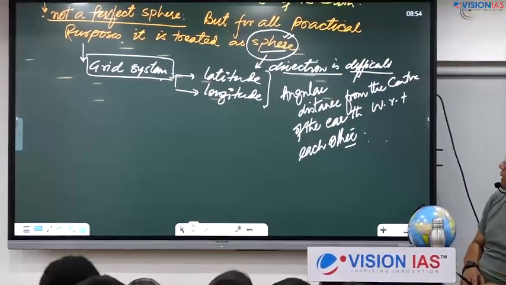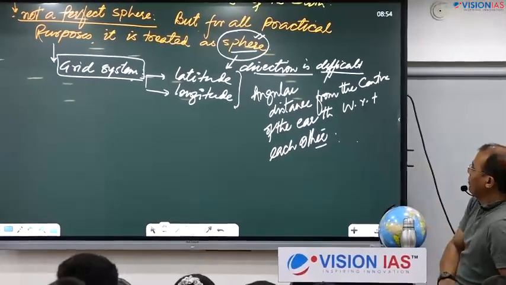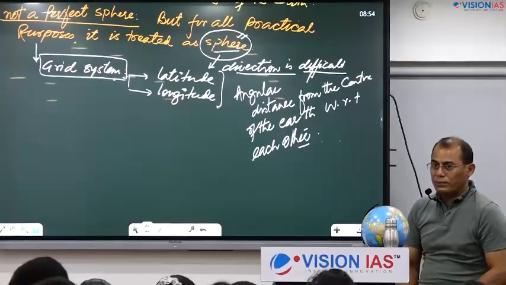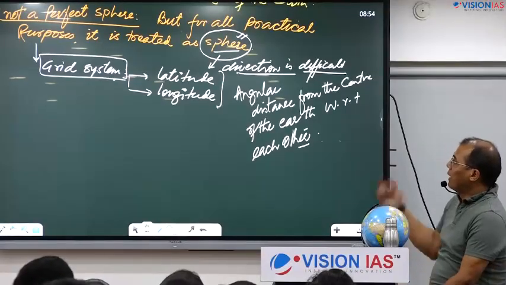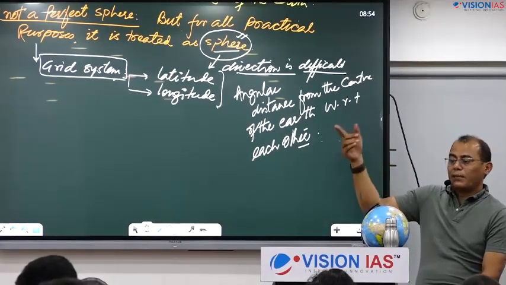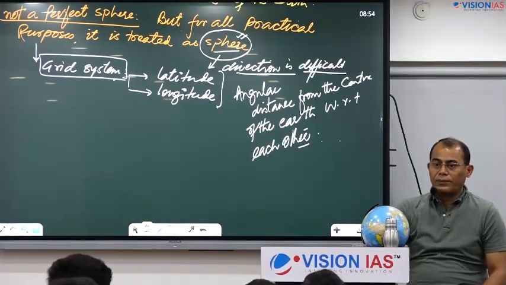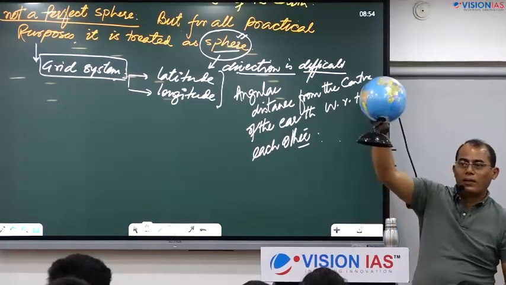So we will define latitude as the angular distance from the center with respect to the equator. The longitudes are angular distance from the center with respect to a particular meridian.